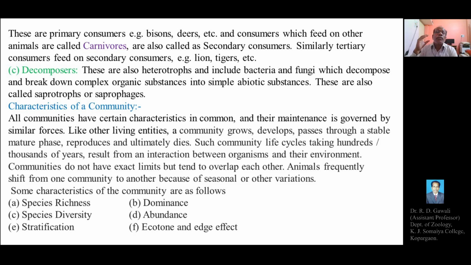Consumers which feed on other animals are called as carnivores.